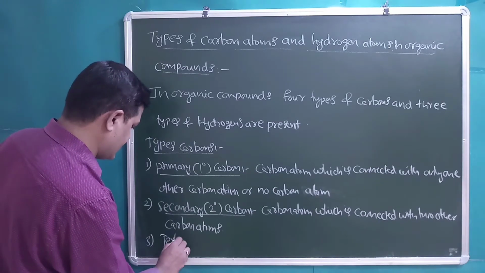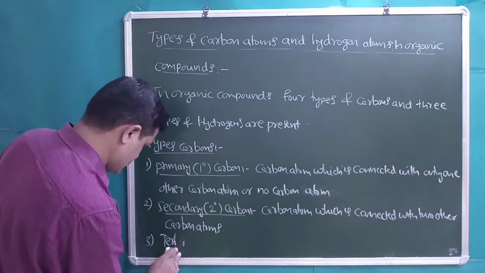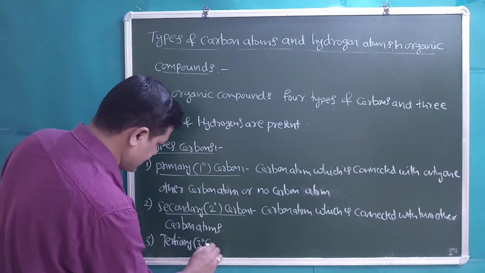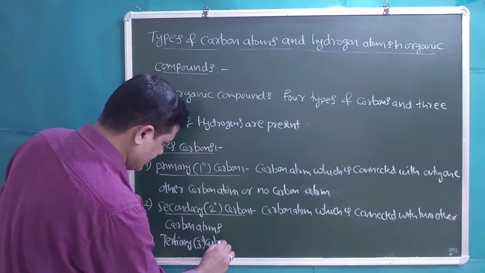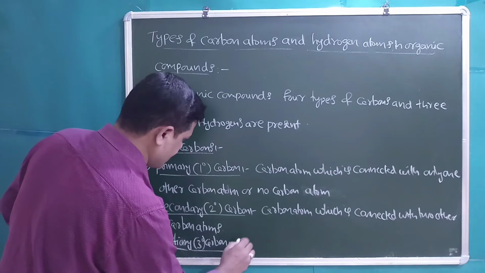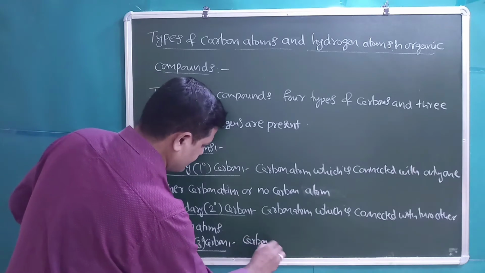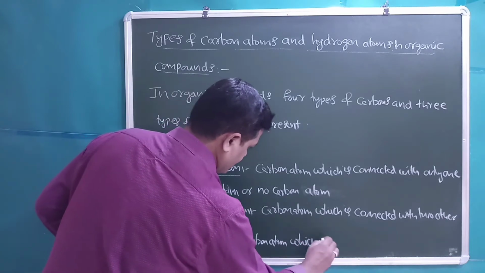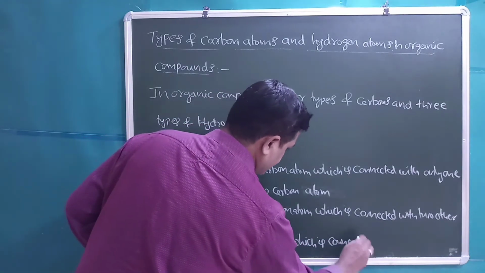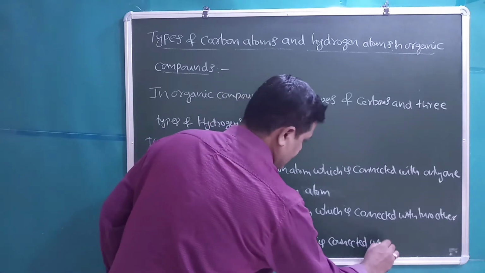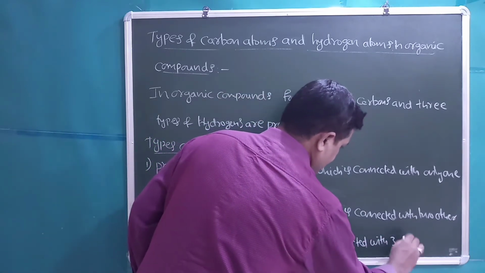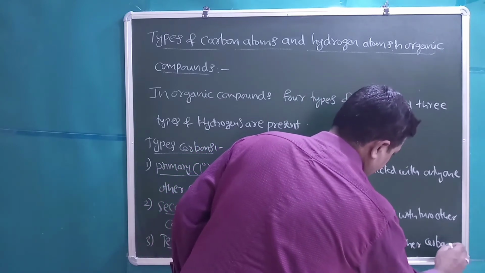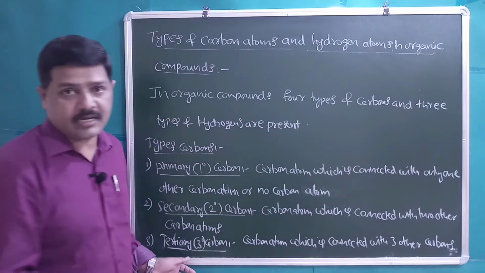Third type is called tertiary, indicated with 3 degree: a tertiary carbon is a carbon atom which is connected with 3 other carbon atoms.